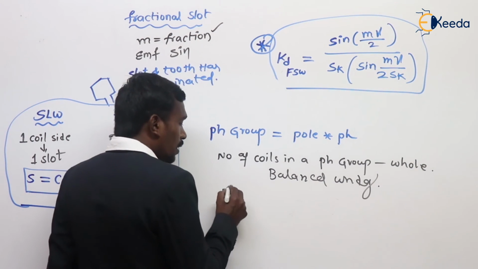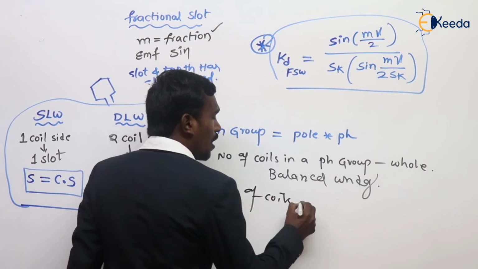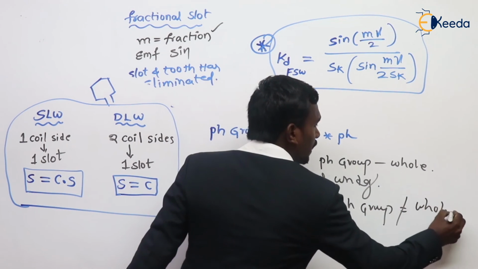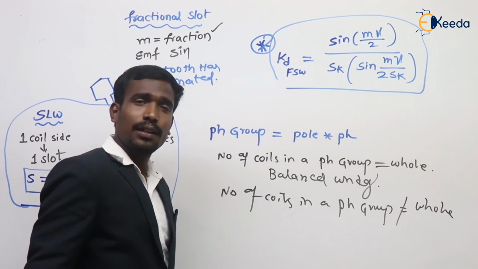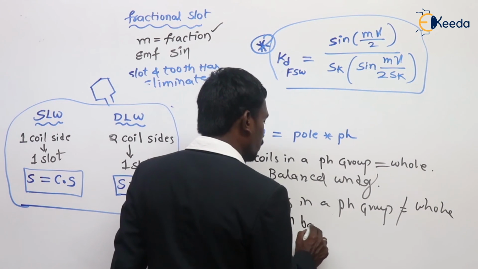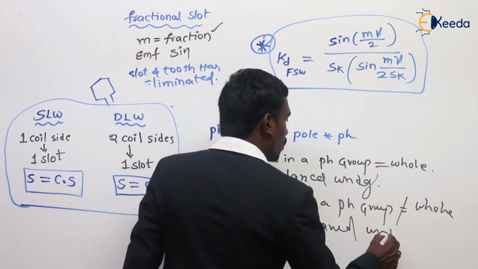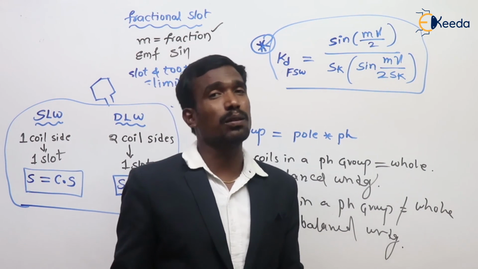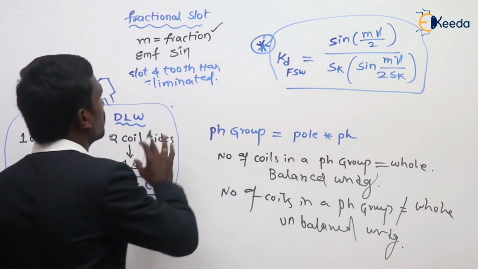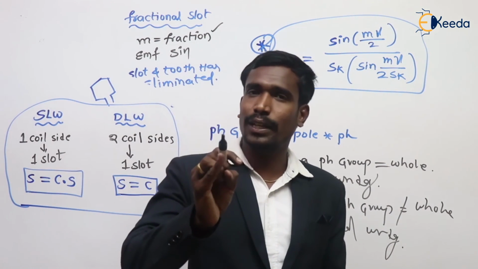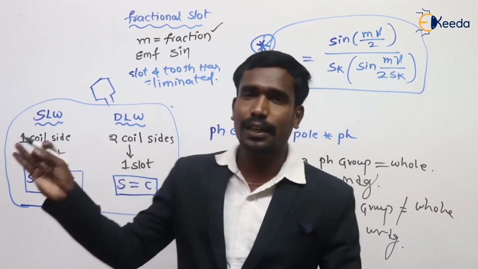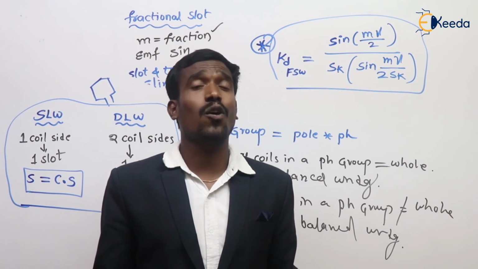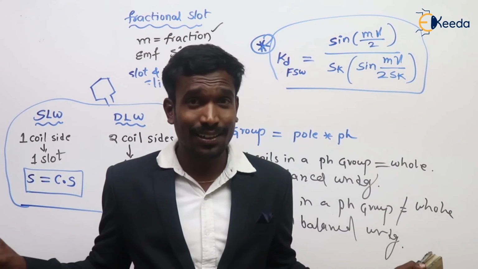If the number of coils in a phase group is not a whole number, then it is called unbalanced winding. This is simply about the remaining windings: fractional slot winding, single layer and double layer winding, and balanced and unbalanced winding. These are the concepts of windings. Clear? Thank you.